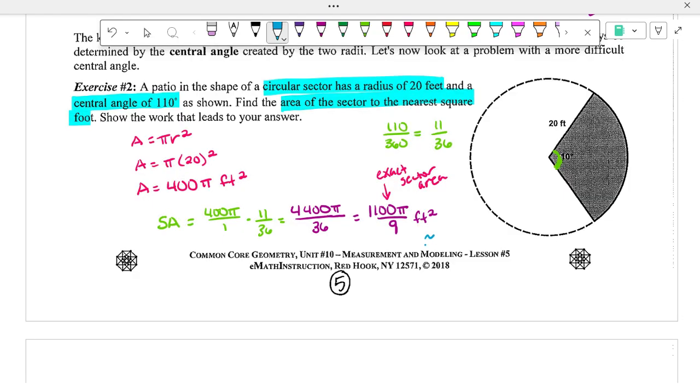What would it be approximately to the nearest whole number? So it would be 384 feet squared approximately. So this is our approximate answer.